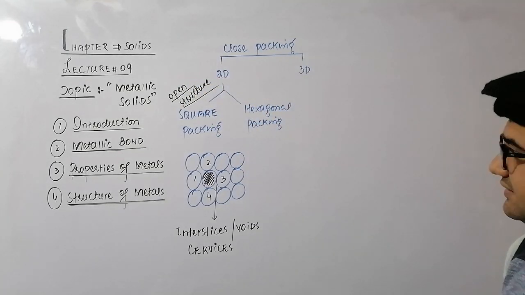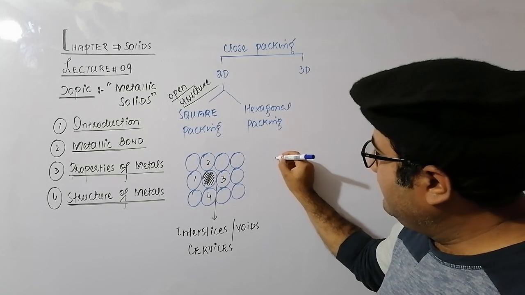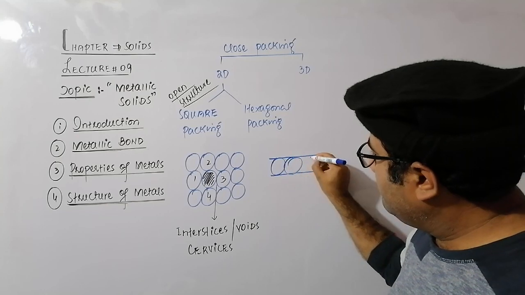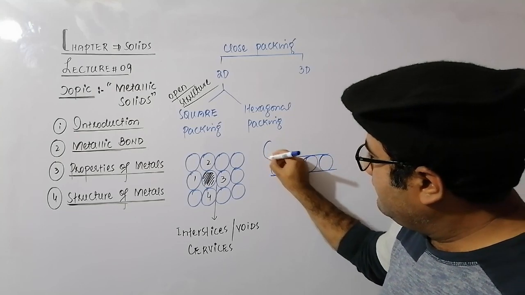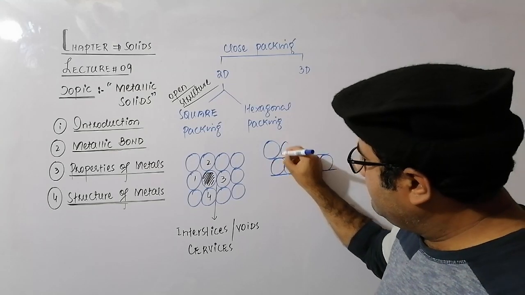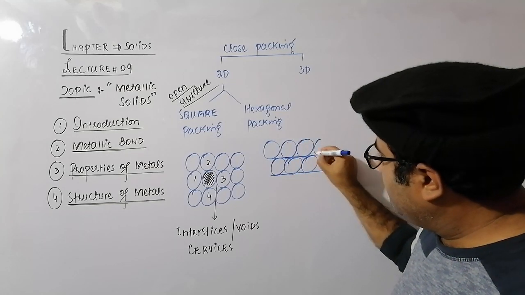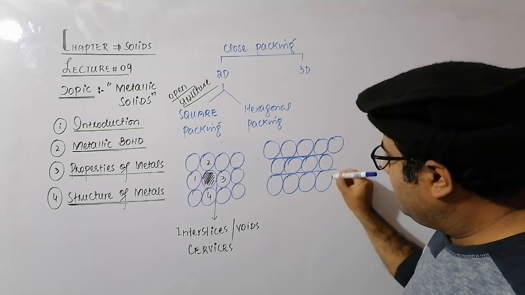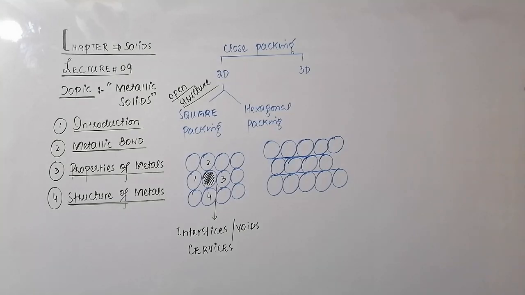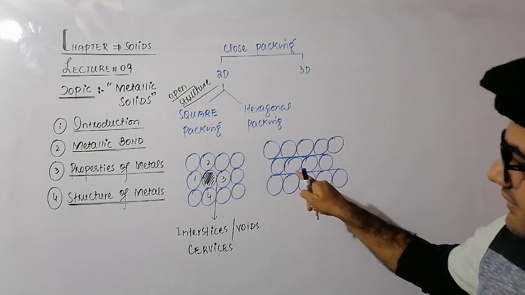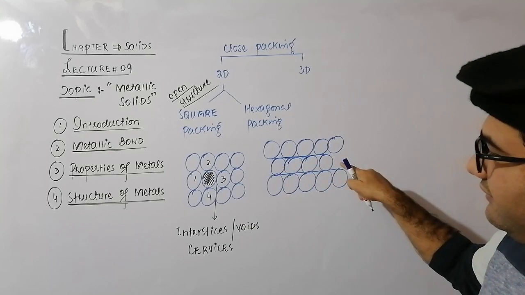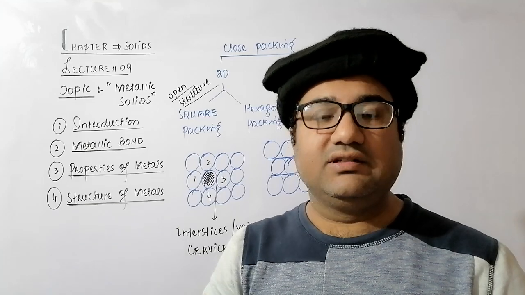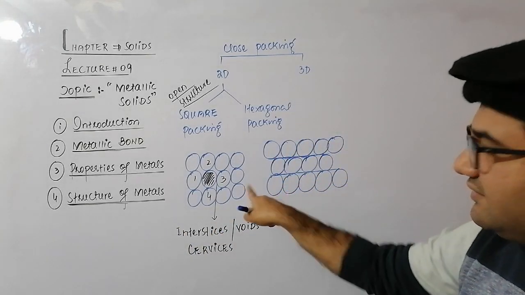And now the next one, that is the hexagonal close packing. It is something like this, in which the atoms of every second layer will be present in the depressions between the atoms of the first and the third layer.